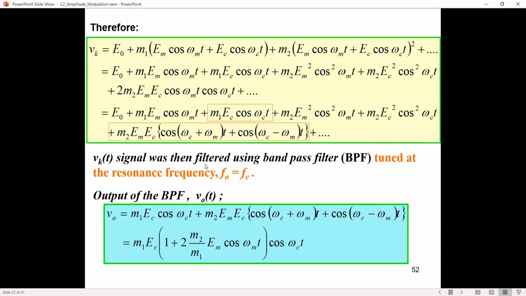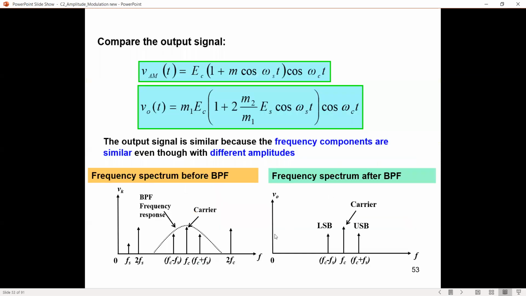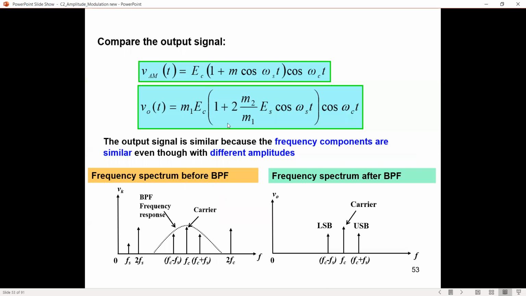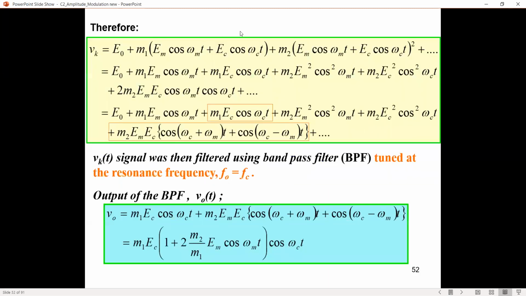Because we tune our bandpass filter at FC. If you look at the output here, we have a DC component, where F equals 0. Then focusing on the cos terms, this one, cos ω_M, has frequency FM.